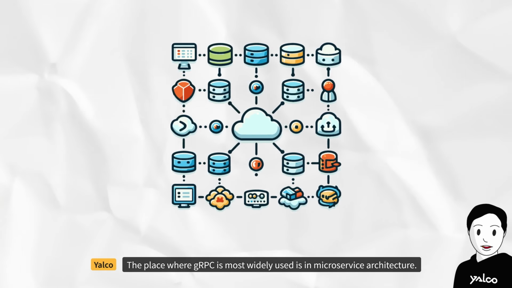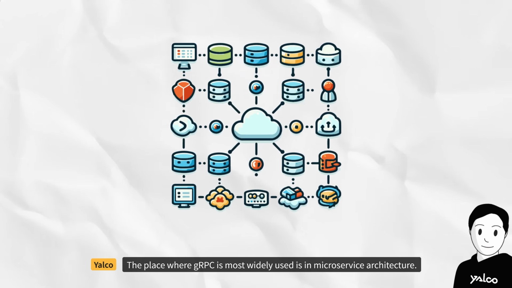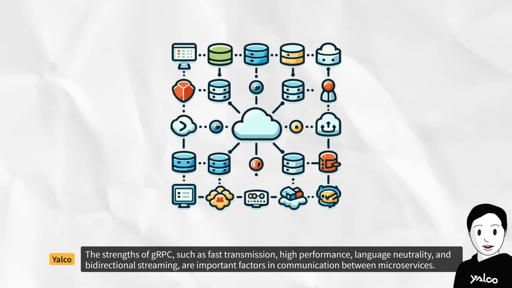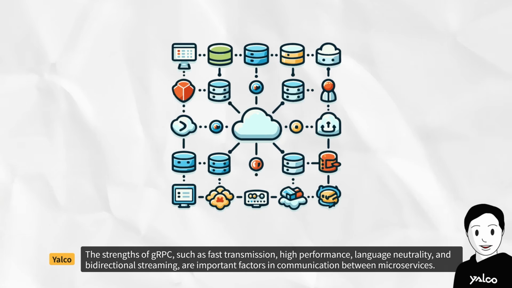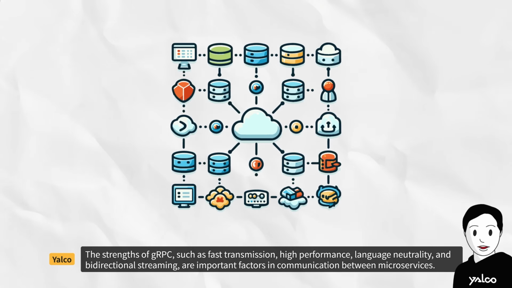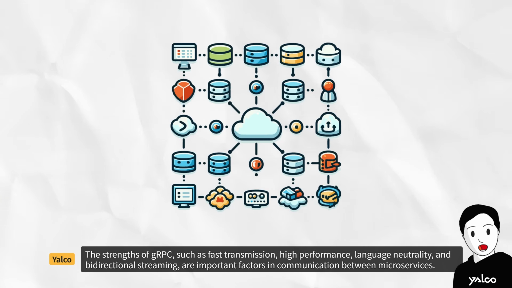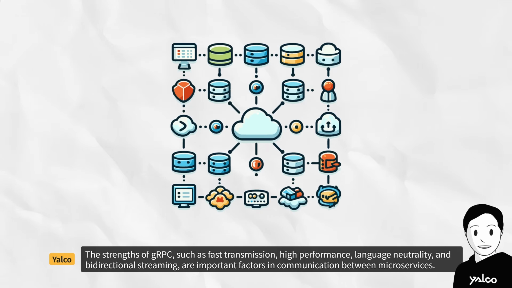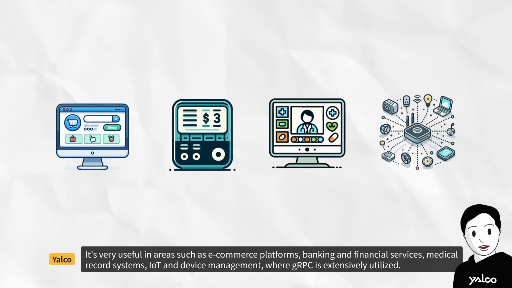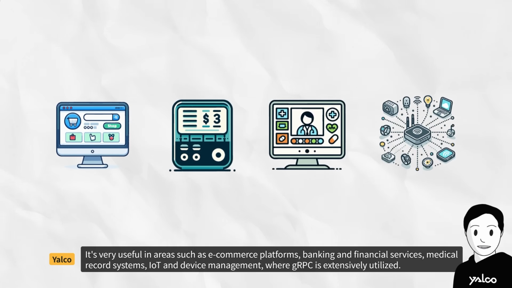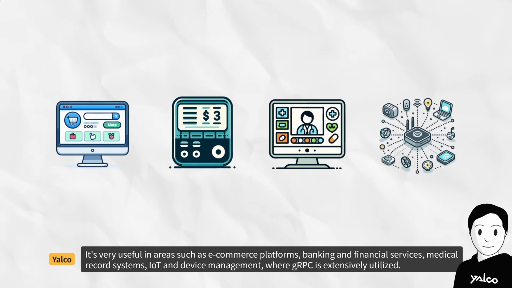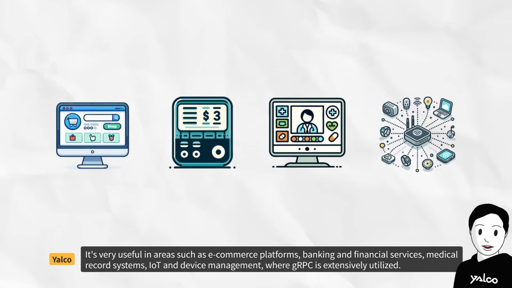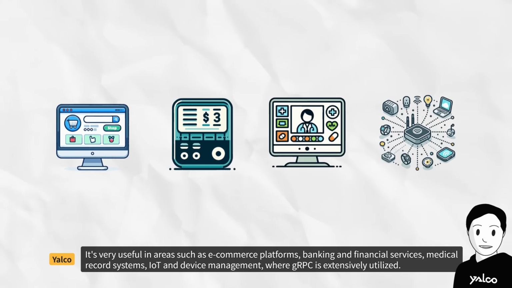The place where gRPC is most widely used is in microservice architecture. The strengths of gRPC, such as fast transmission, high performance, language neutrality, and bidirectional streaming, are important factors in communication between microservices. It's very useful in areas such as e-commerce platforms, banking and financial services, medical record systems, IoT and device management, where gRPC is extensively utilized.